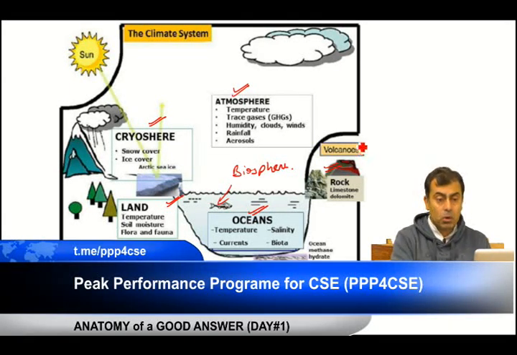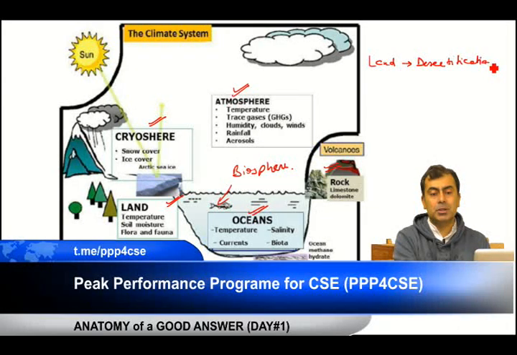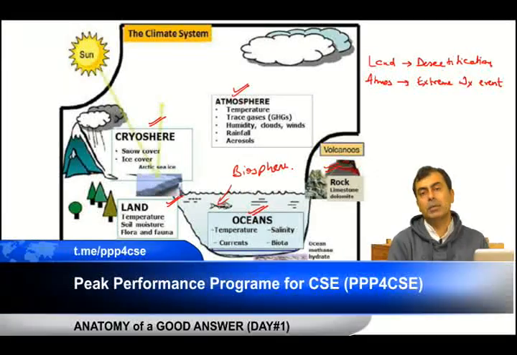So if on land we see desertification, it is a manifestation of climate change. If in atmosphere I see extreme weather events, that is also climate change.